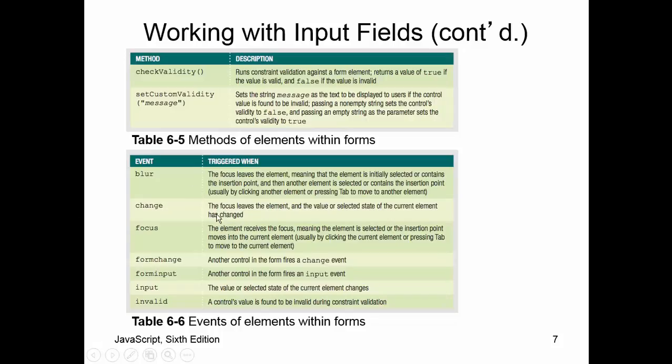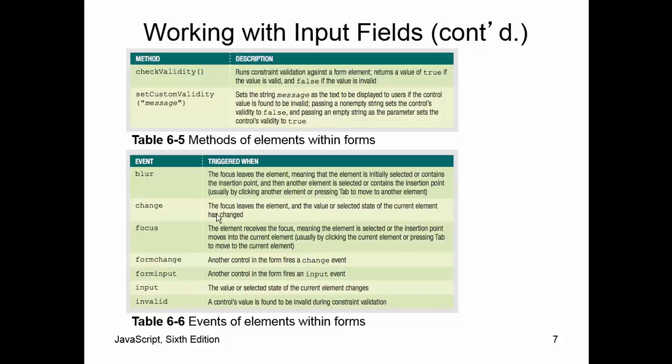Now, the reason that that's important is you can have code associated with neither method, with one method or the other, or with both methods. So blur is when you leave an element, focus is when you receive focus or when you enter an element.